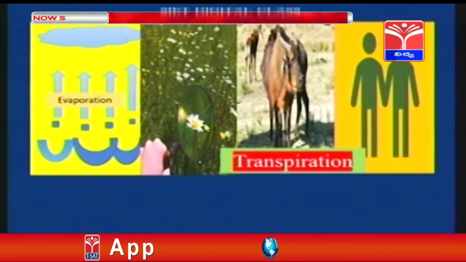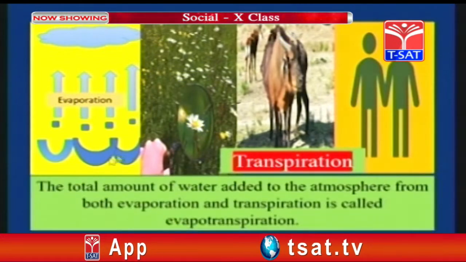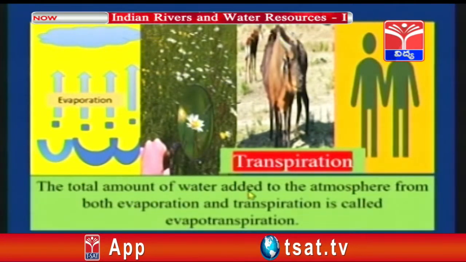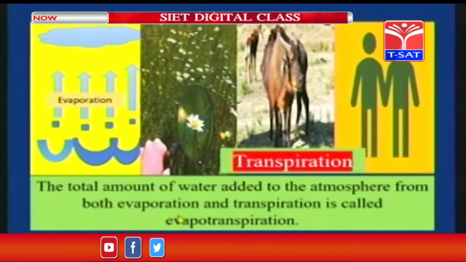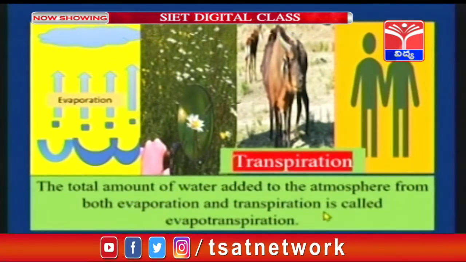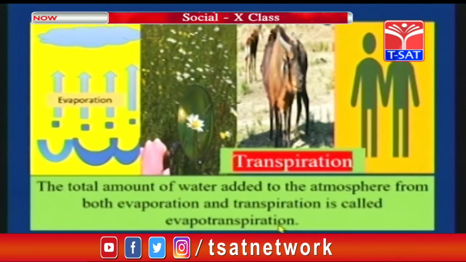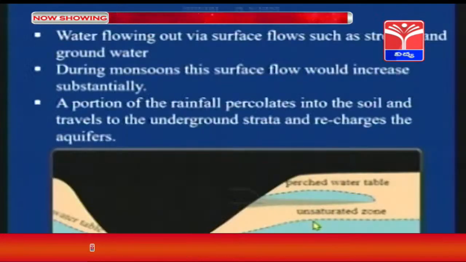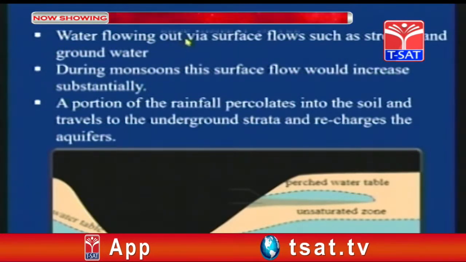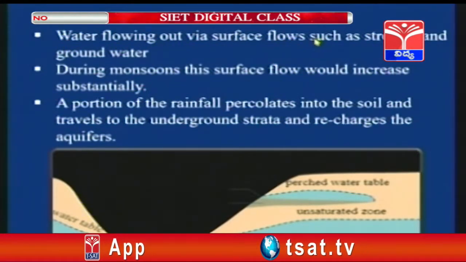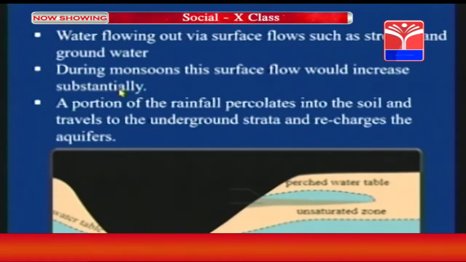Did you understand this, children? Yes. So, the total amount of water added to the atmosphere from both evaporation and transpiration is called evapotranspiration.